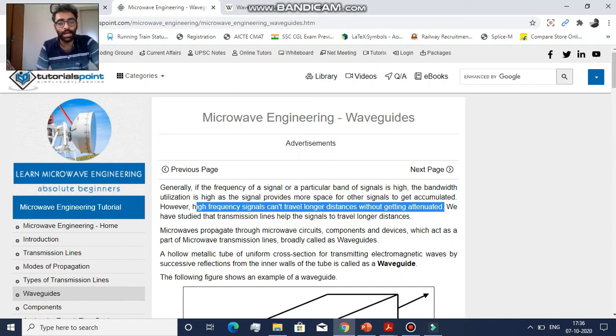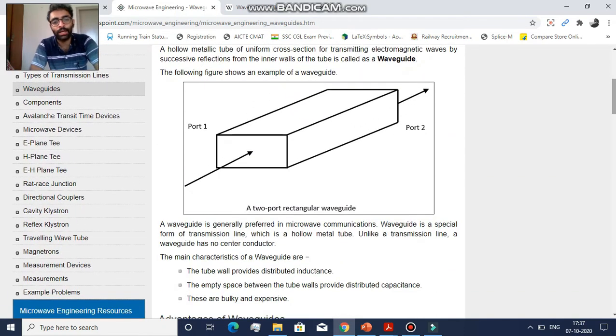And what is the amount of attenuation in this particular signal? It varies according to the inverse square law that we already studied. Now let me show you a simple diagram of a 2-port rectangular waveguide. This is port 1 of the waveguide and this is port 2 of the waveguide.